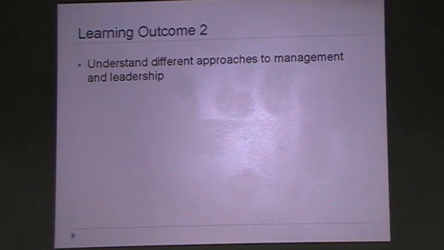The bottom line or conclusion of learning outcome 1 is, how can you manage people with different cultures and structures working in your place of work? Therefore, learning outcome 2 is for all my learners to understand the different approaches to management and leadership.